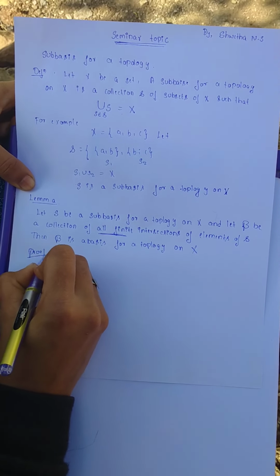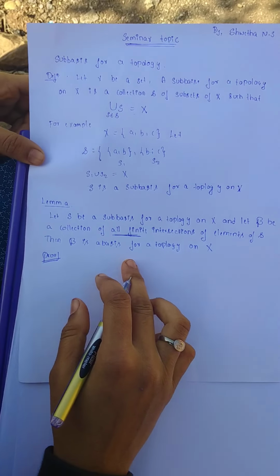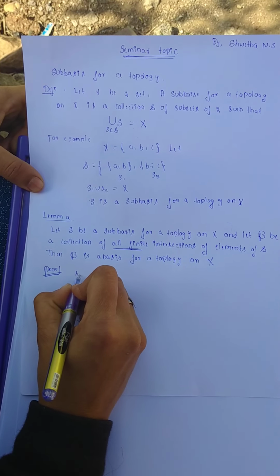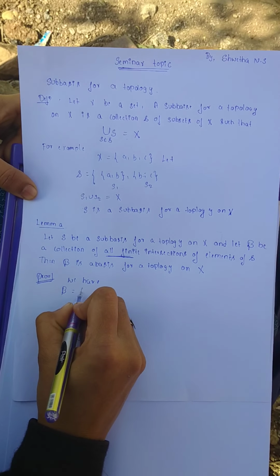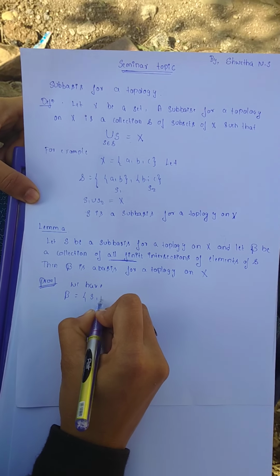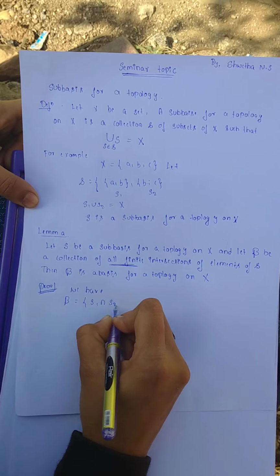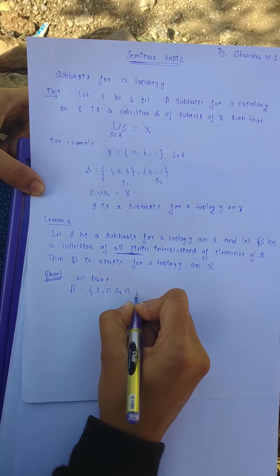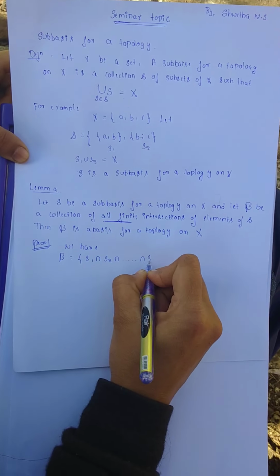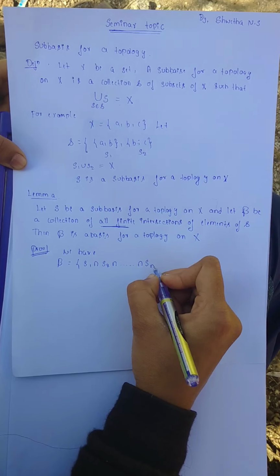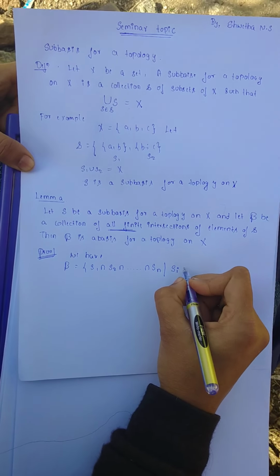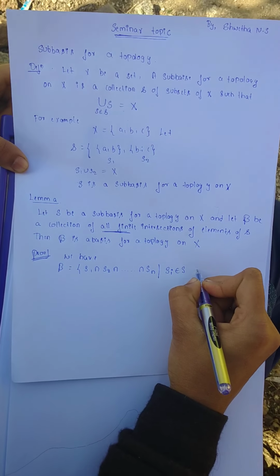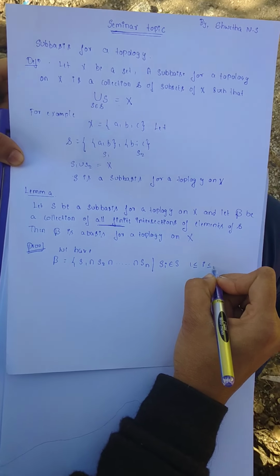Proof. To prove that B is a basis, we have B equal to the set of all finite intersections S1 intersection S2 intersection ... intersection Sn, where Si are elements of S, 1 less than or equal to i less than or equal to n.